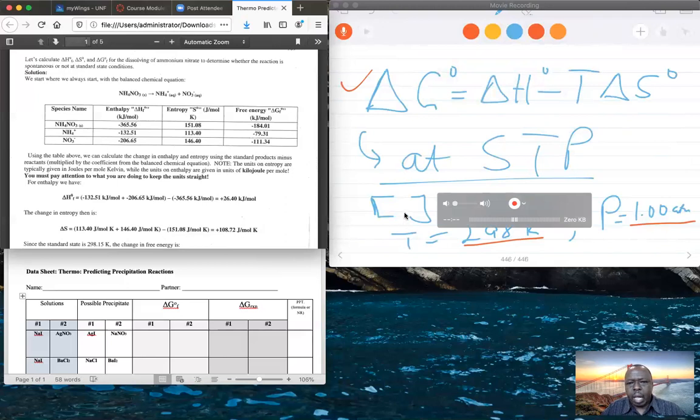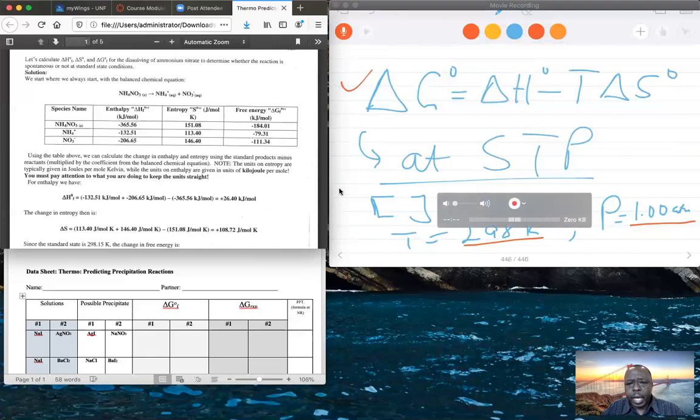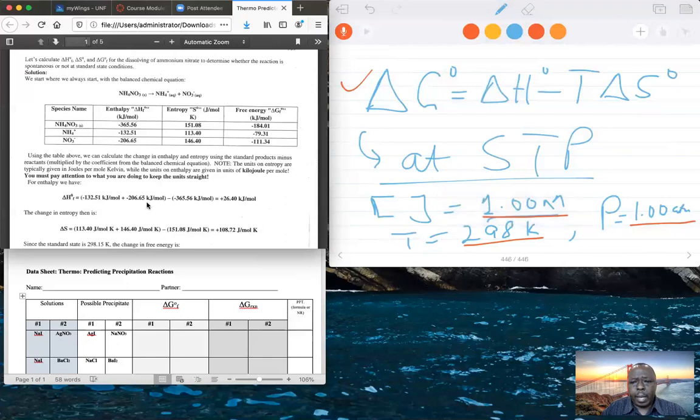What you see as concentration, look at my cursor key on the bottom left corner of your screen, the concentration of sodium iodide, the concentration of silver nitrate here, they are not at 1 molar.